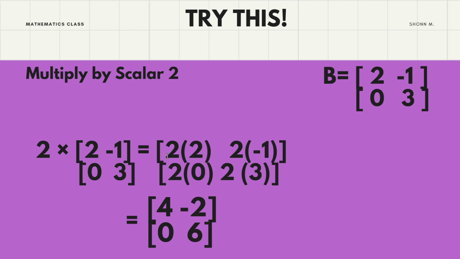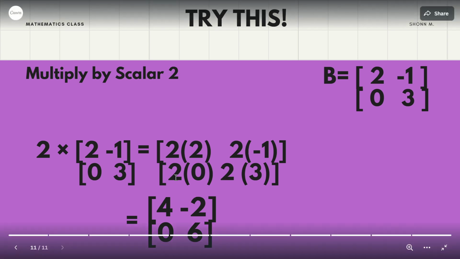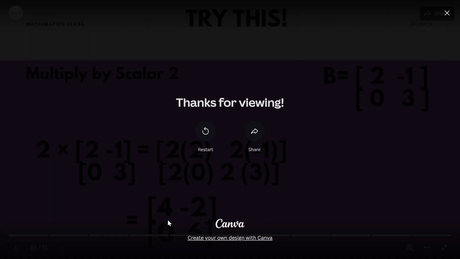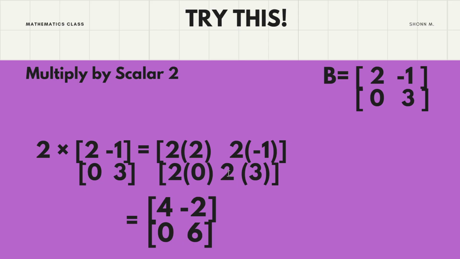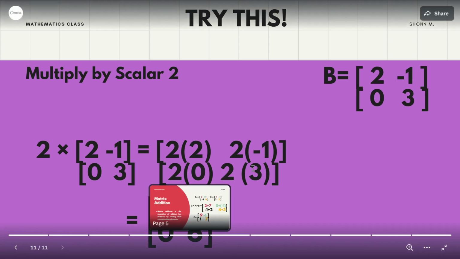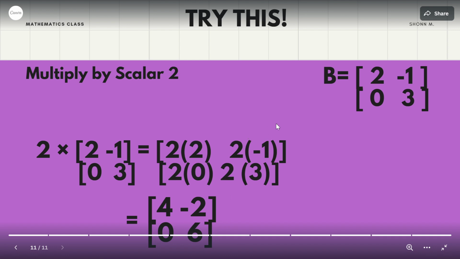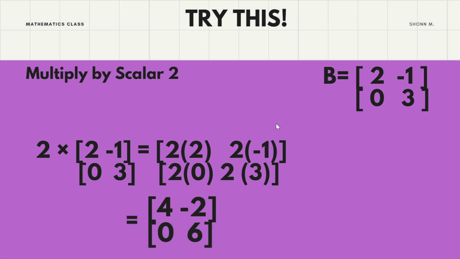So we have this. 2 times 2 equals 4. 2 times negative 1 is negative 2. 2 times 0 is 0. And 2 times 3 is 6. So that's it. That's how you multiply a matrix by a scalar.